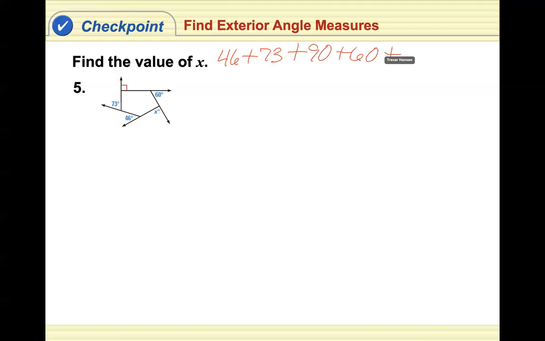And we have X. Those four added together give us 119, 209, 269. And then we subtract 269 from both sides. And X is equal to 91.